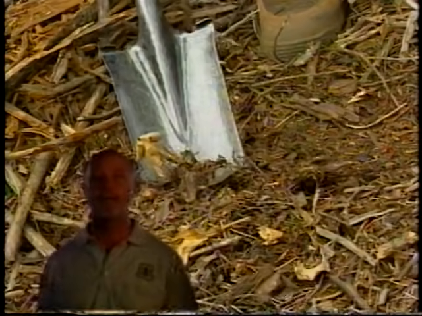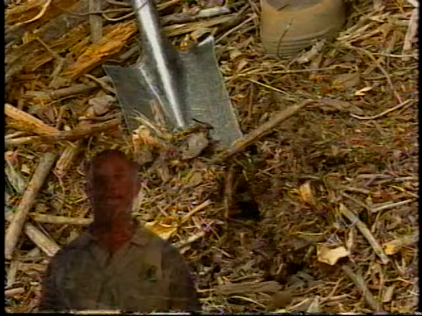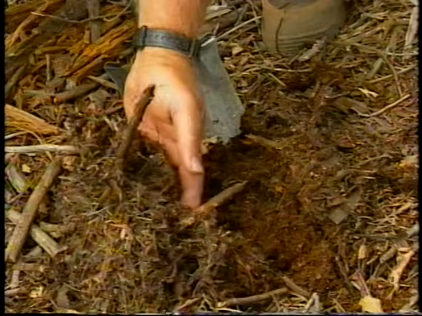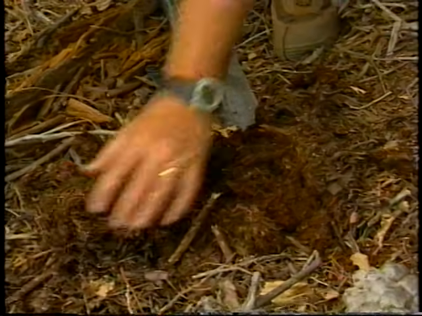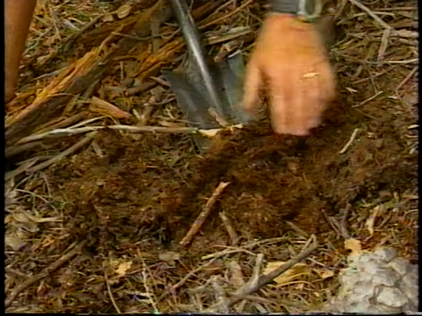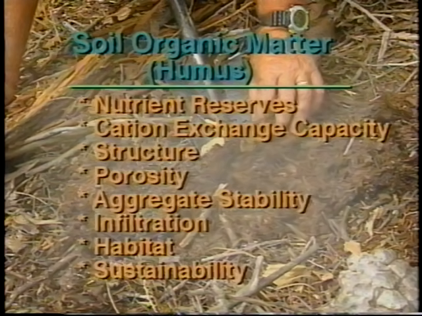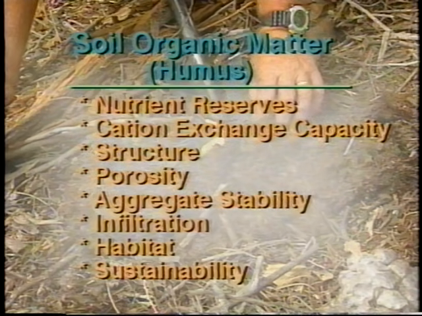The importance of this habitat component cannot be overemphasized. Humus has tremendous effects on physical and chemical soil properties, as well as providing biological habitat. Let's look at what some of this magical stuff does. Soil organic matter is an important source of nutrient reserves. It has a high cation exchange capacity.